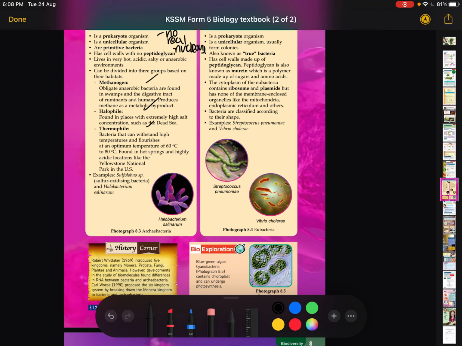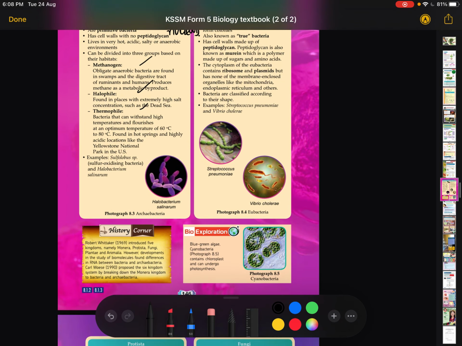So next one is halophile. Halo means salt, and phile means like. So archaebacteria that are halophiles like salt, and they live in very high salt condition areas. That includes wetlands like mangrove areas, and the Dead Sea.